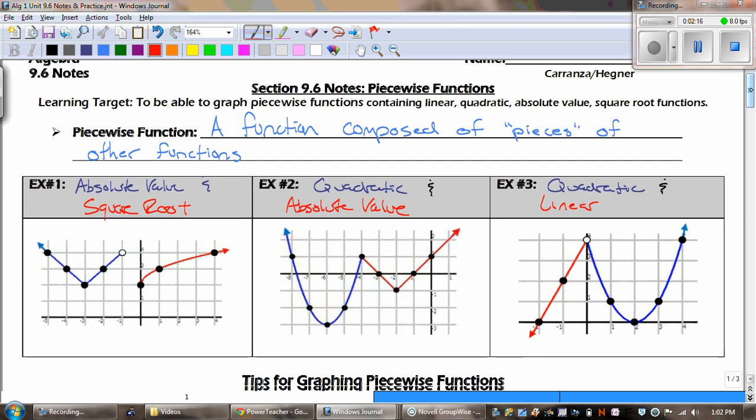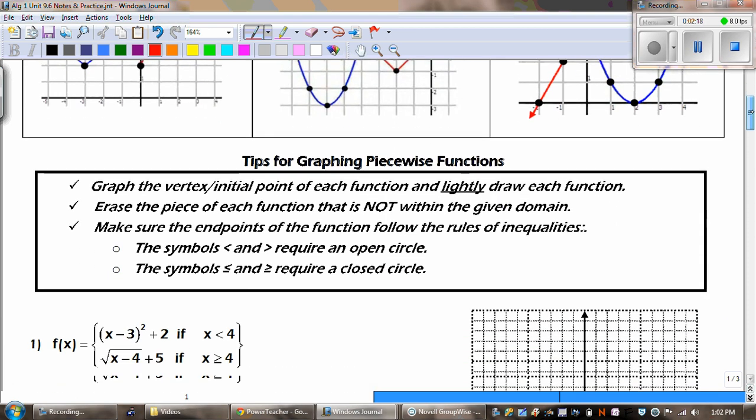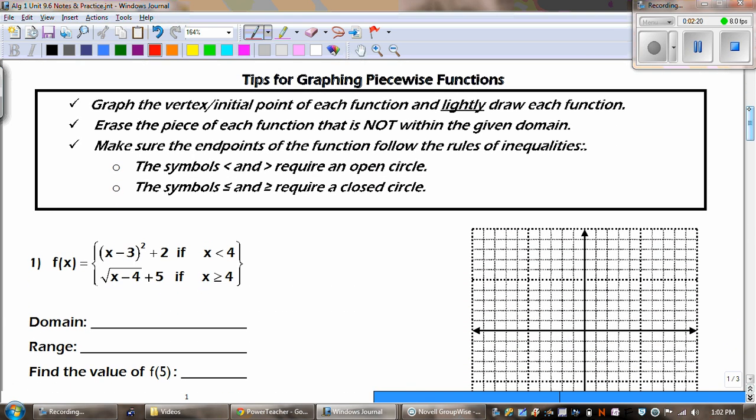What we're going to be doing is graphing both of these together. So, rule number 1, you should be writing in pencil today. Pencil, pencil. What you want to do is graph the vertex or initial point and lightly draw each function, because we're going to be erasing part of this.